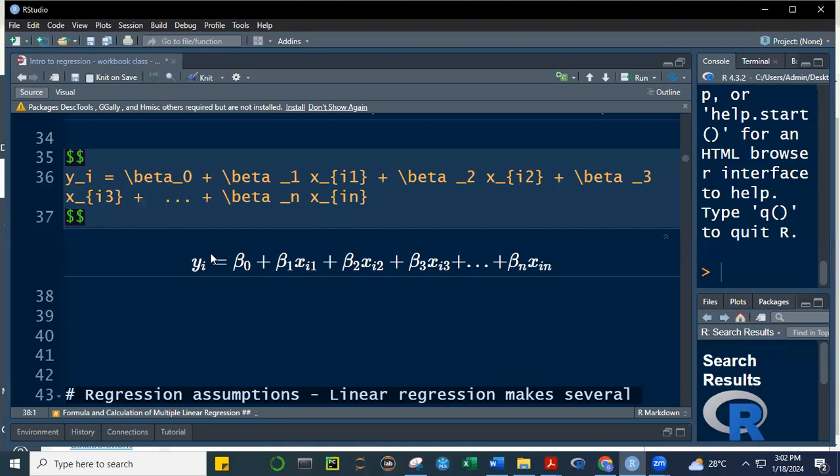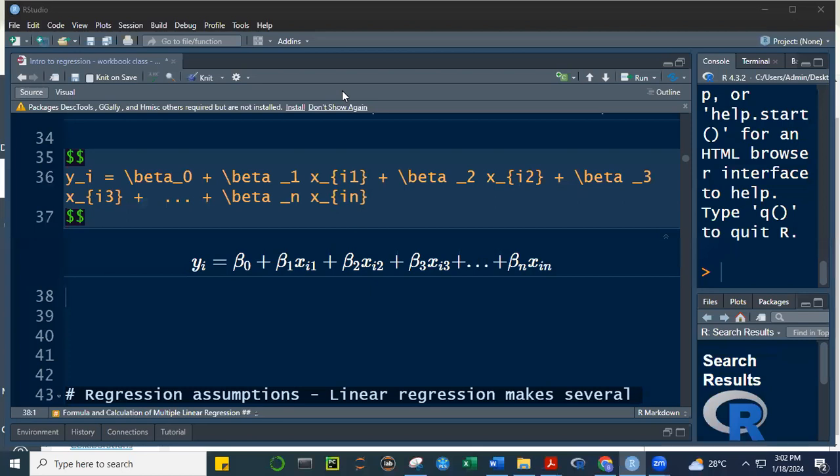Now, would you like to comment on this? Is this relation true? Or if not, what's wrong with this? Can anybody comment, please? Okay, let me see. No error term. Okay, yes, Michael. We deliberately removed the error term.